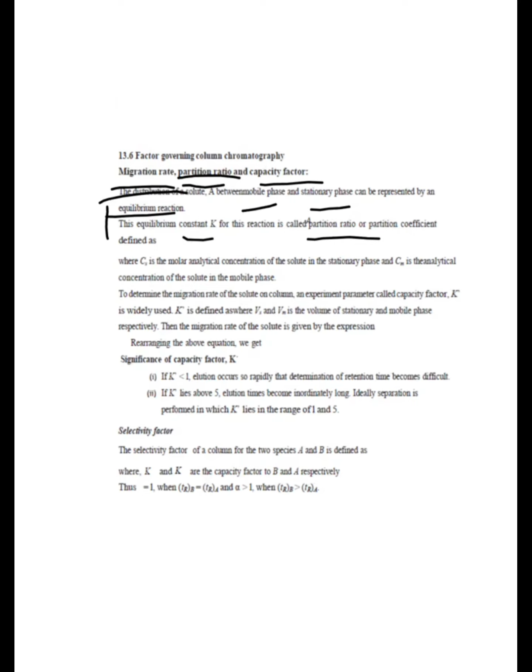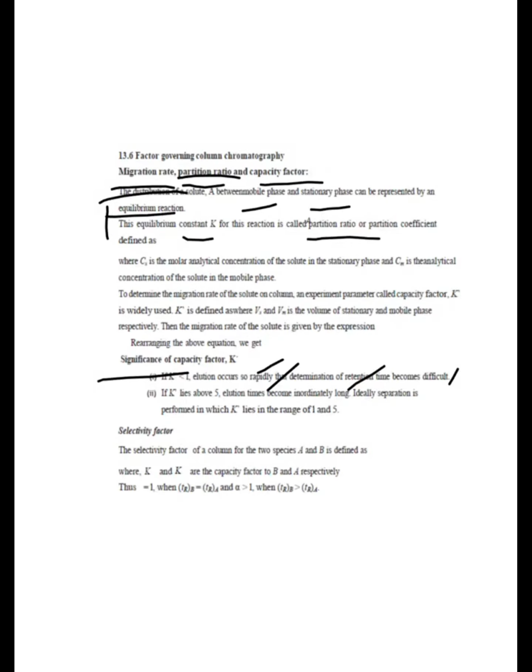Next point is the significance of the capacity factor, which is denoted as K. If K is less than 1, the determination of elution time becomes rapid.